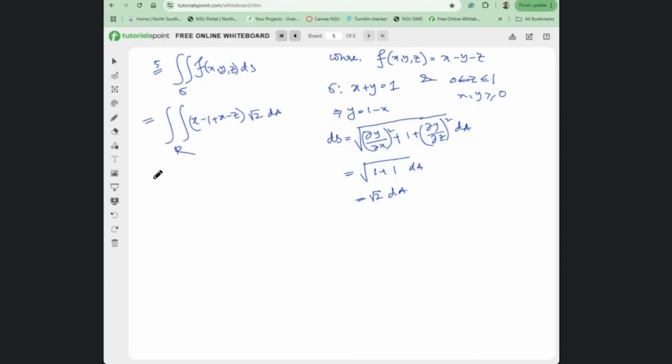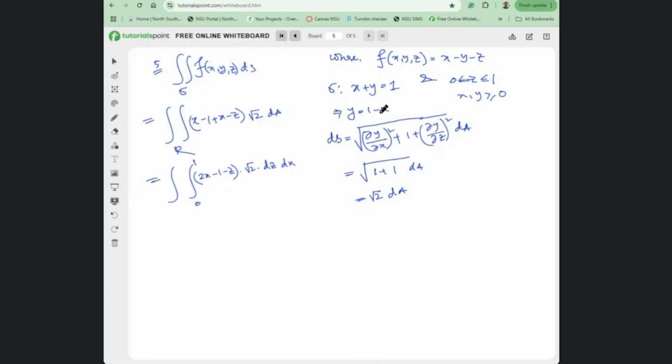Here if I consider r in the xz plane, the value of it is 2x minus 1 minus z, square root of 2 dz dx. Z is from 0 to 1.